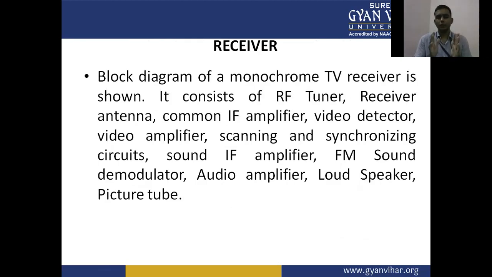The block diagram of a monochrome TV receiver shown in the figure consists of the receiver antenna, RF tuner, common IF amplifier, video detector, video amplifier, scanning and synchronizing circuits, sound IF amplifier, FM sound demodulator, audio amplifier, loudspeaker, and the picture tube.